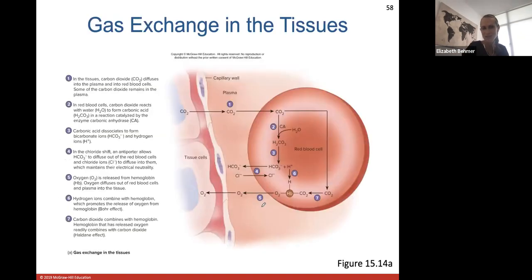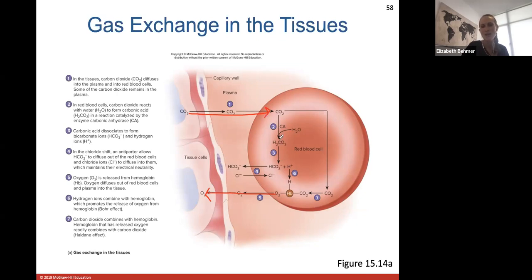Again, this is just showing how a red blood cell carries oxygen and carbon dioxide, and how oxygen will always be offloaded into tissue cells that need it, and carbon dioxide will always be picked up into red blood cells as a way of eventually taking that carbon dioxide out of the body as a waste product.